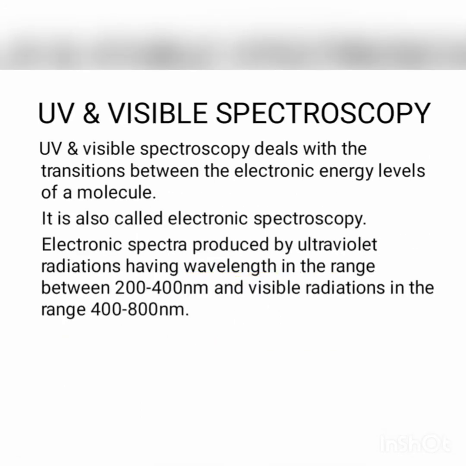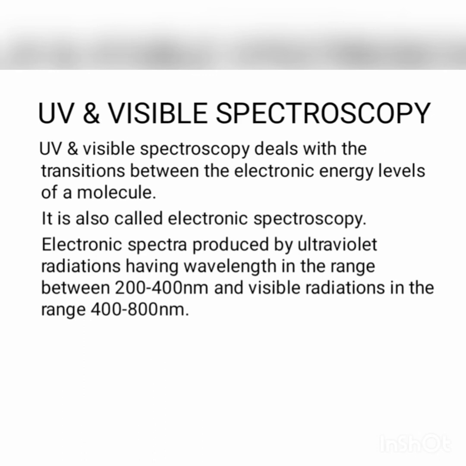So next is UV and visible spectroscopy. UV and visible spectroscopy deals with the transition between the electronic energy levels of a molecule. Electrons are moving from one state to another state, so it is called electronic spectroscopy. The second name of UV and visible is electronic spectroscopy, because of the movement of electrons.